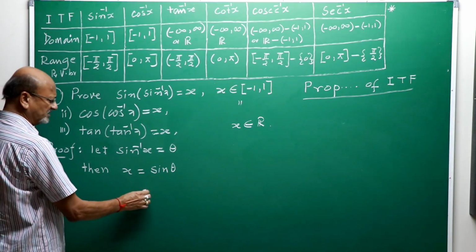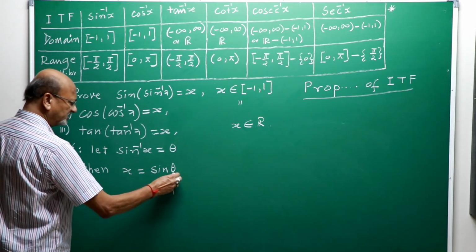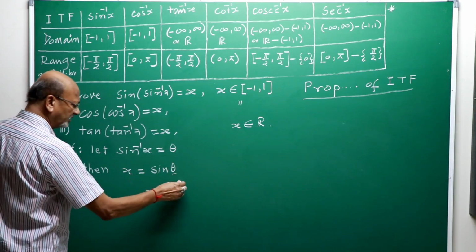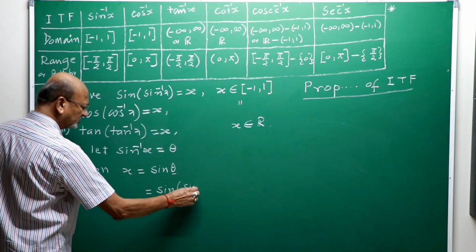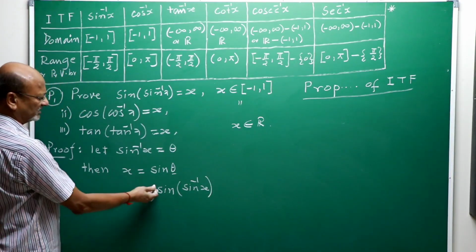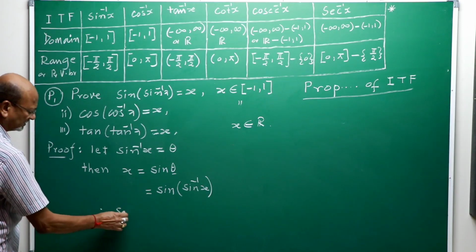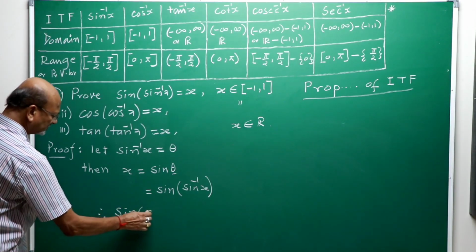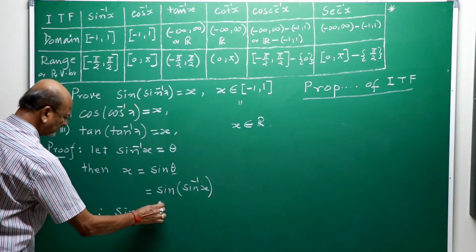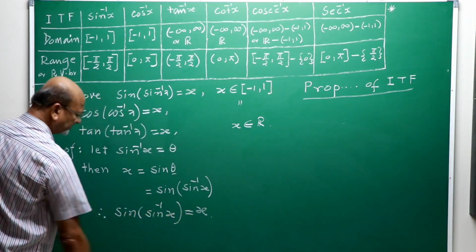Sine inverse x. Just put the value of theta. From this, what is clear? Sine of sine inverse x is x itself. Therefore, sine of sine inverse x equals x itself.